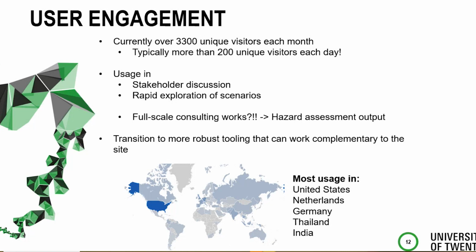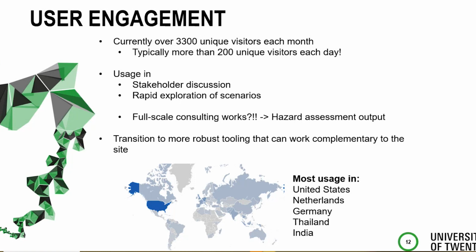But then also, people are using it in full-scale consulting works, which also raises some alarm bells, especially at the start, like, well, that's not what we intended this tool for. Now we've done a lot more study showing the accuracy and the reliability of it. So it is definitely usable for hazard assessment output, but that's also a bit dangerous. At the moment, the website is not the most robust thing in the world to use in such an application.